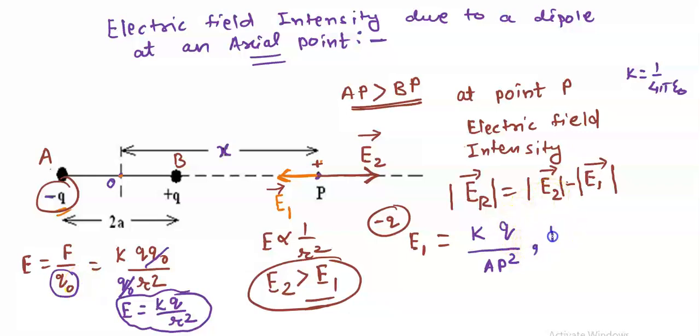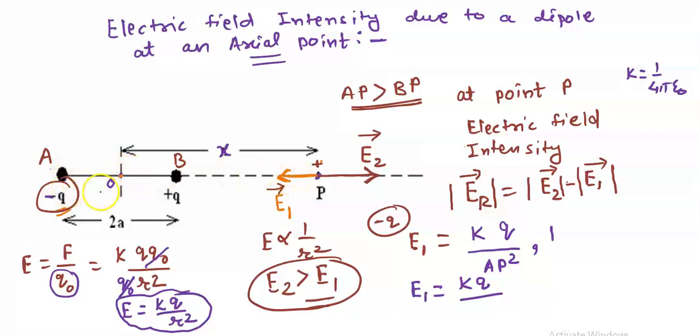Then in the next step you can write E1 is equal to KQ upon AP square. What will AP be? AP will be AO plus OP. AO is what?